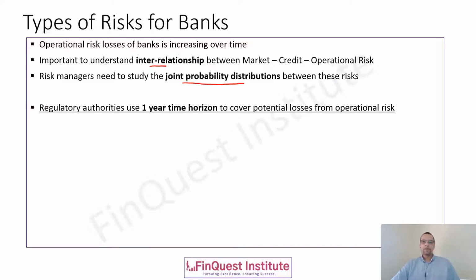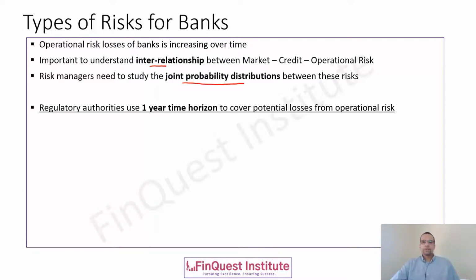A joint probability distribution basically talks about the correlation between different types of risks. These risks are not independent of each other. There is some degree of correlation which is always there. So a movement in one type of risk has a potential impact on another type of risk as well. That is something which we try and understand through joint probability distributions.